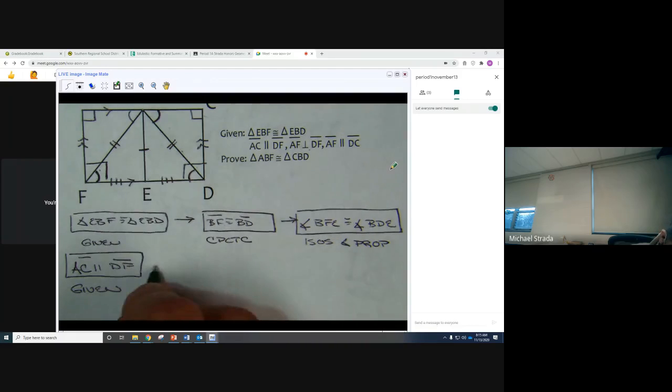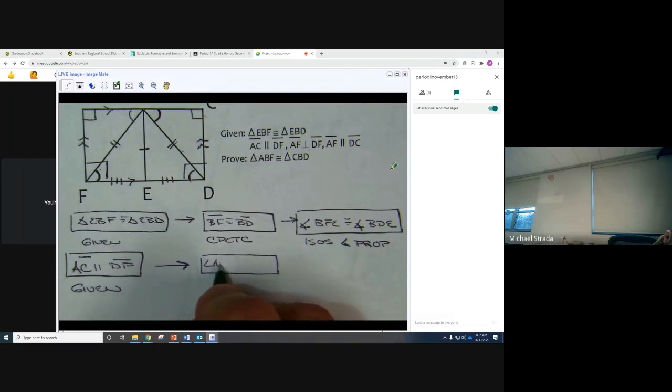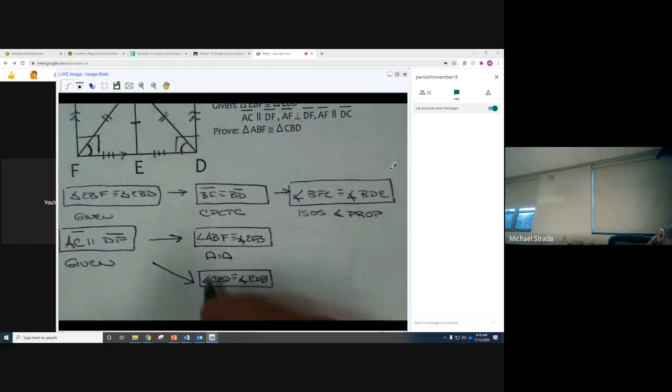And because AC was parallel to DF, we went with the angles. Angle ABF congruent to angle EFB. AIA. And we also went with angle CBD, congruent to angle EDB. Both by what?